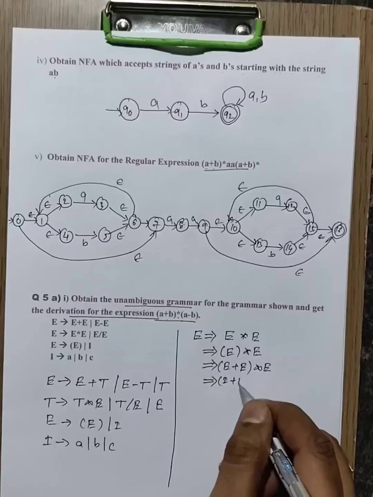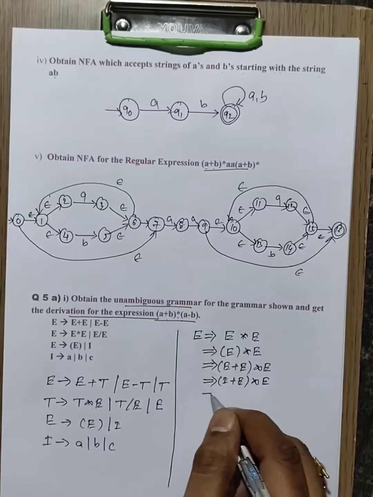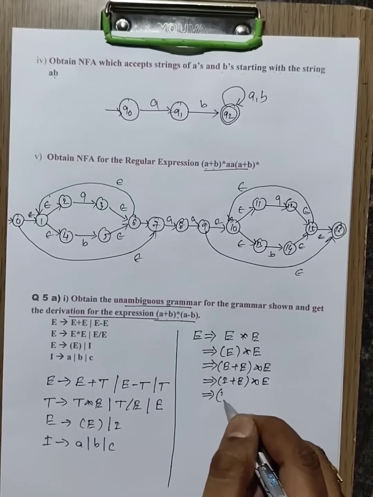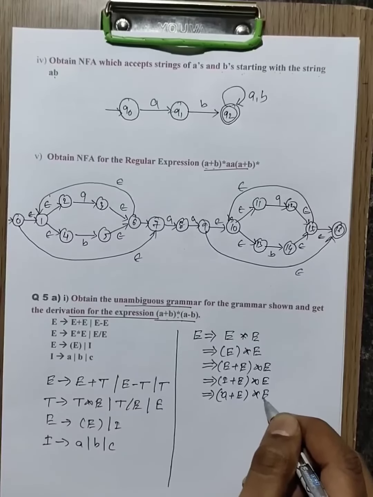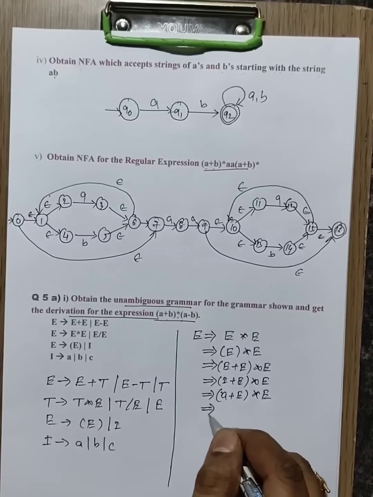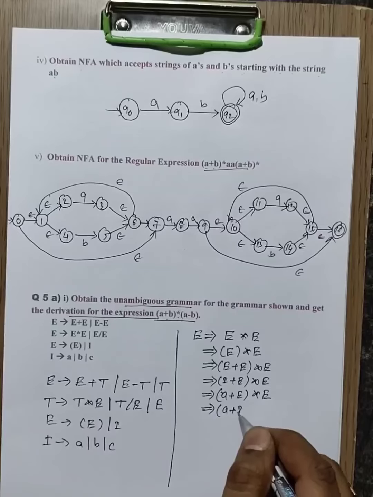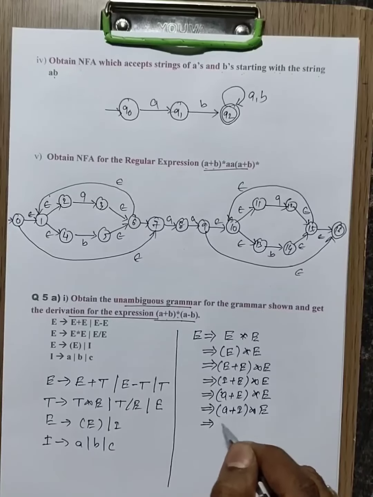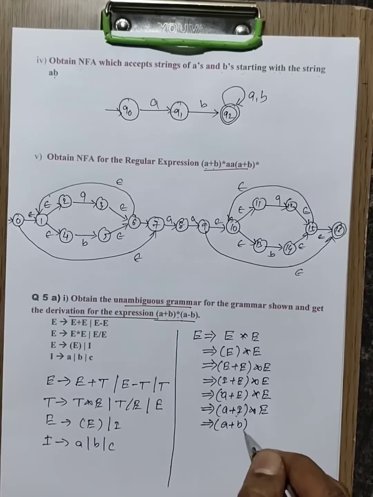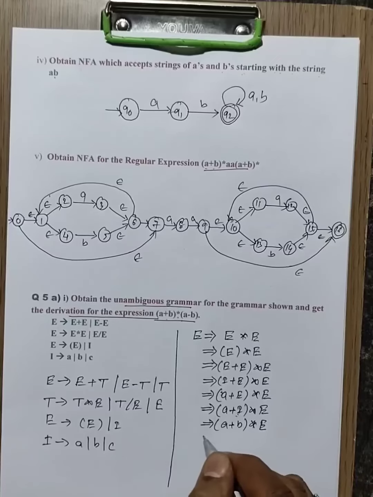Then the first E is replaced with I, then E star E. Again I is replaced with A, plus E star E. Again the second E is replaced with I, and this is E. Again I is replaced with B, giving A plus B. Next this E stays as it is.